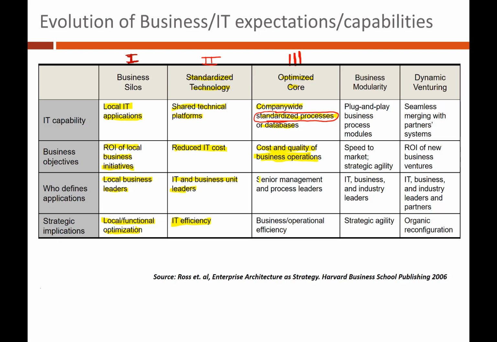For this to happen, now we need top company management to be involved in this, and we need to designate process leaders. So instead of thinking about having someone who's in charge of the warehouse and someone who's in charge of payroll and someone who's in charge of marketing, although we may still have those people, we also have people that are in charge of entire processes.